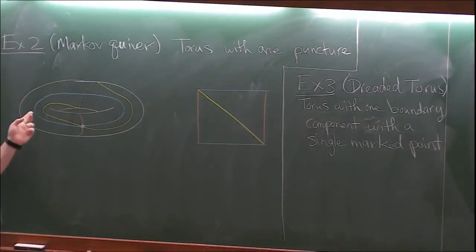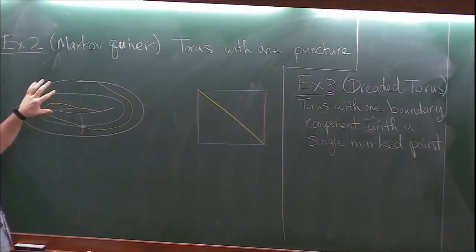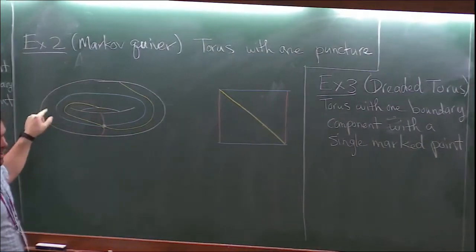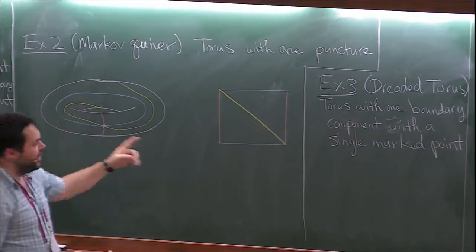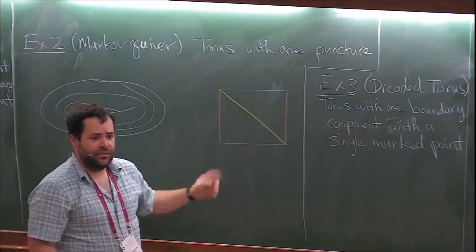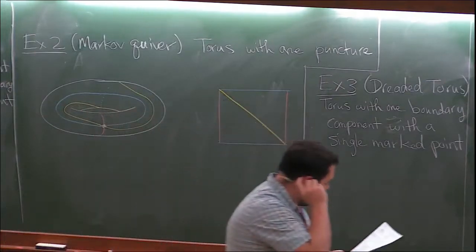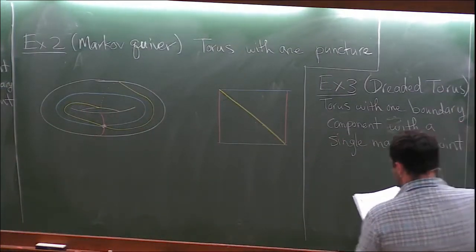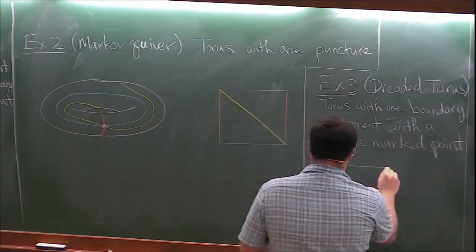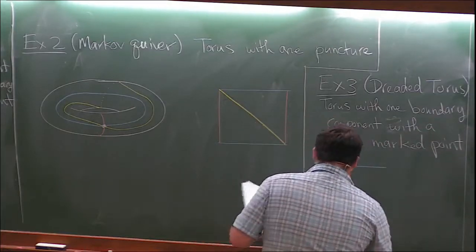So if I draw it as a torus, it's a donut where I've punched out a disk and put a mark point on it. But to triangulate it, I'm going to draw a picture like this. So for a torus, I start with a square.